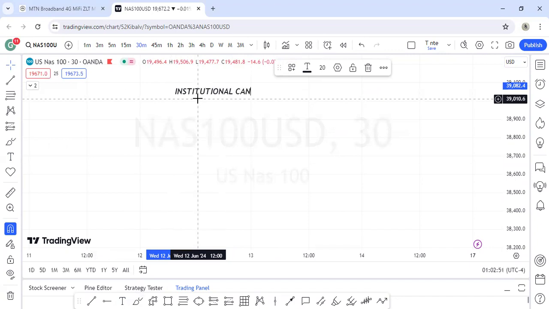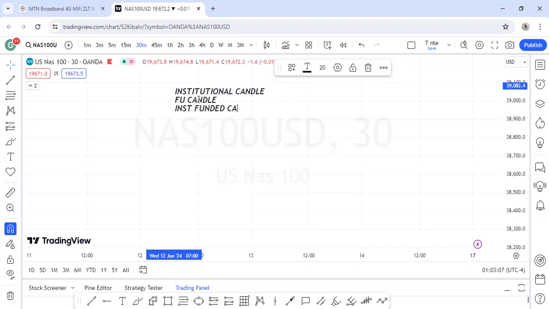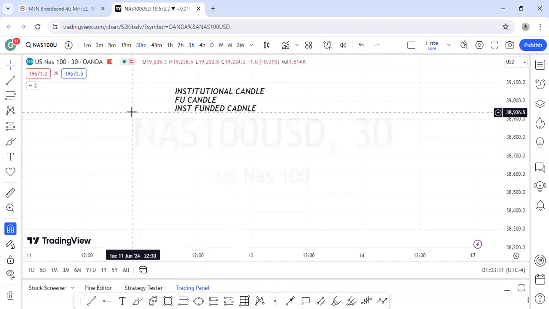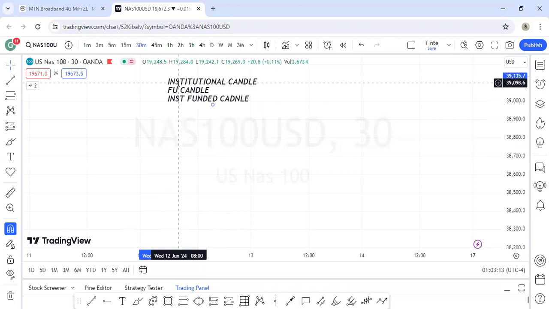You know what FU means, right? Some people call it an institutional funded candle. It's still the same thing, but for me, I like to call it institutional candle.